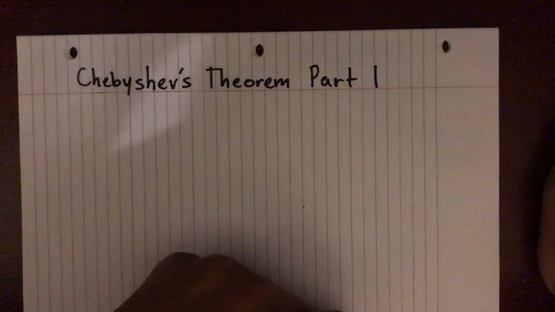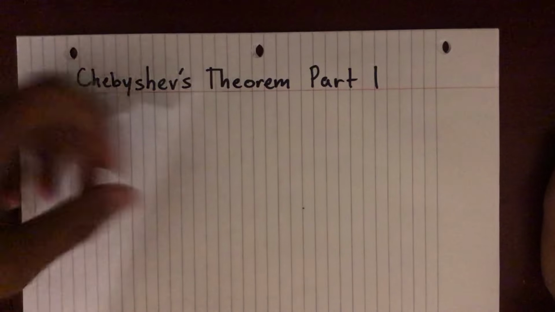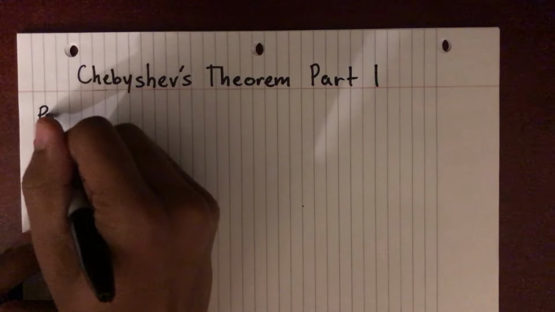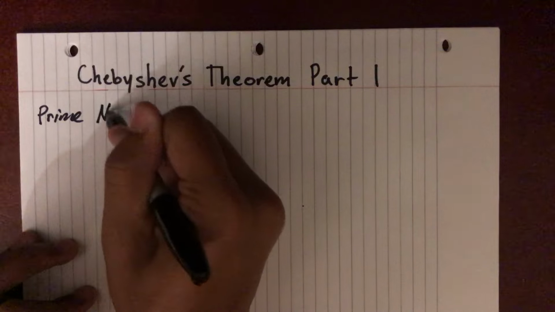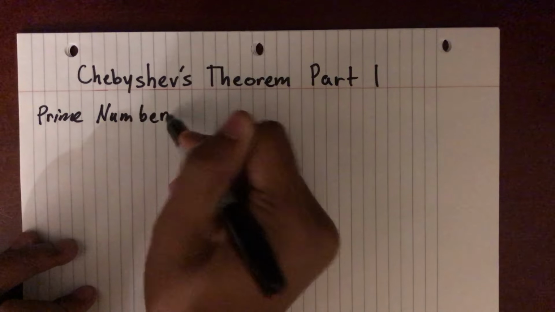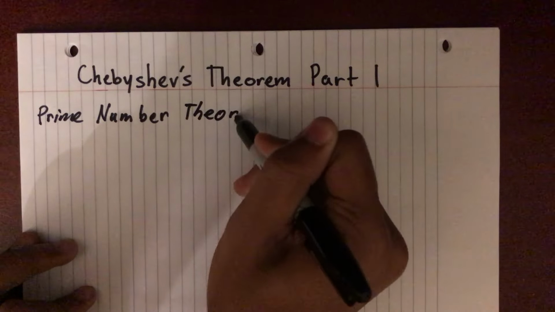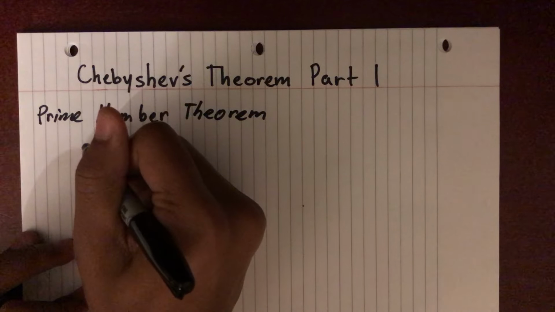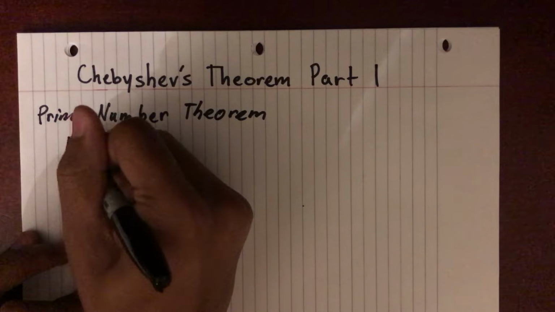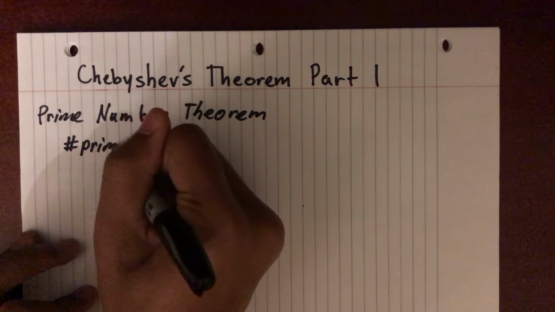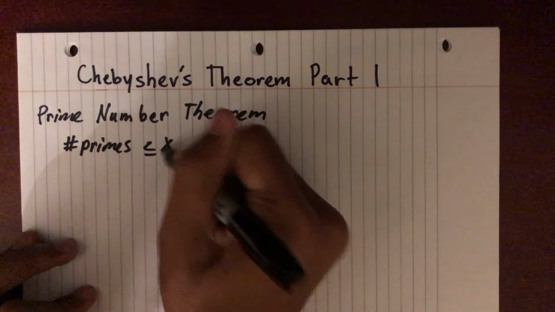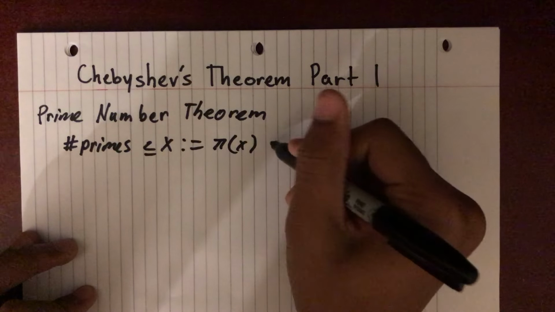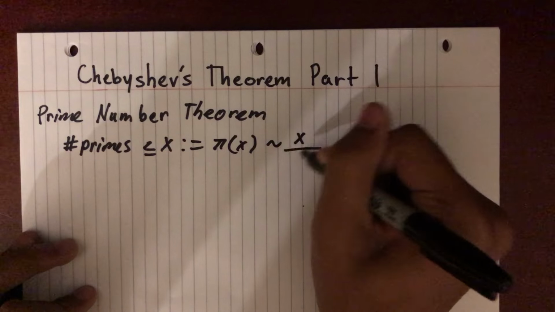And so I guess one of the most important theorems in number theory is the prime number theorem, which basically states that the number of primes up to x, let's call that pi of x, is asymptotically x over log x.